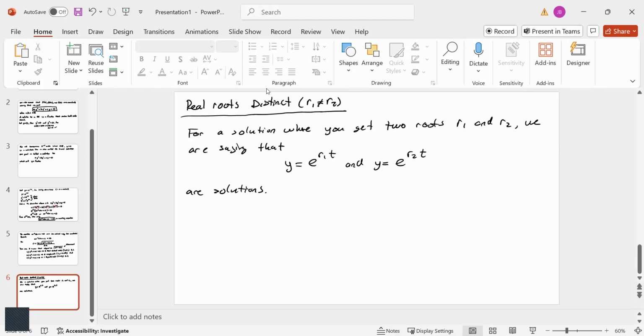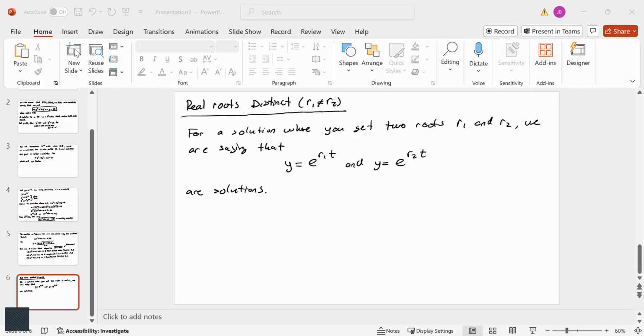That's what we're saying. So let's verify that that's true. Let's actually solve one and see if we get something that works out like that.